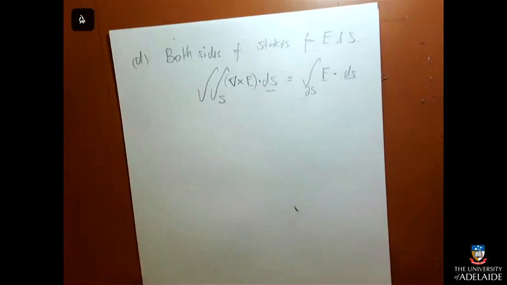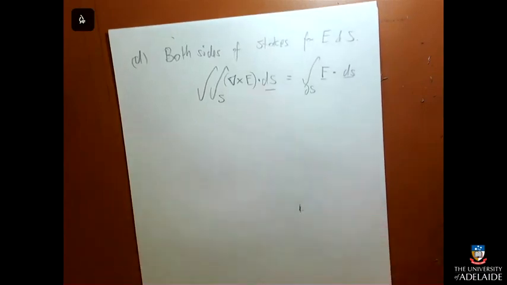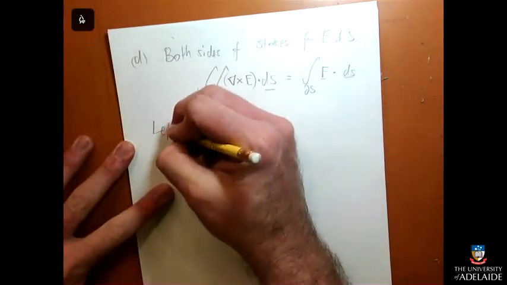Okay. We did figure out what D bold S was earlier, so that's a good start. So let's do the left side.